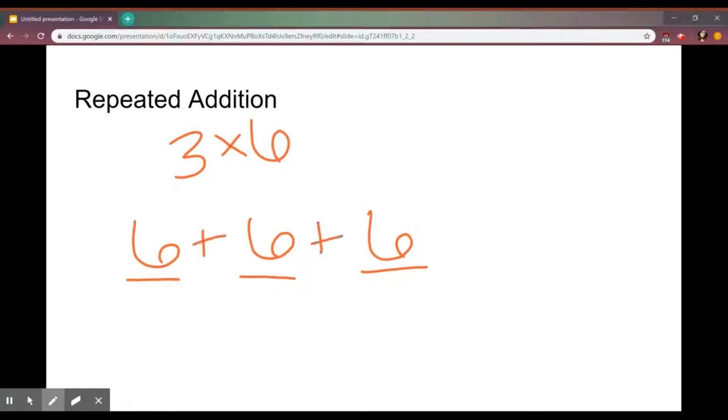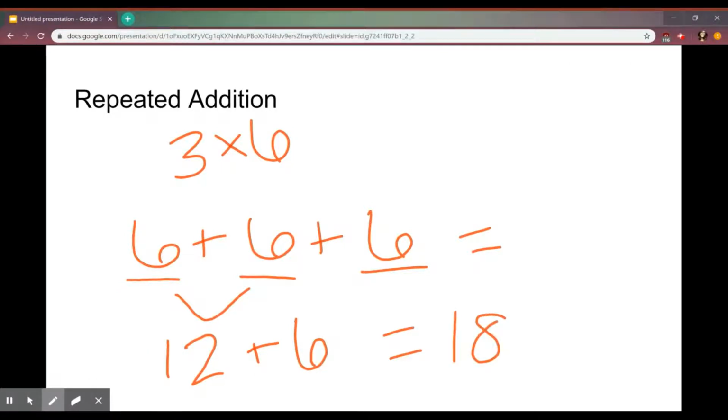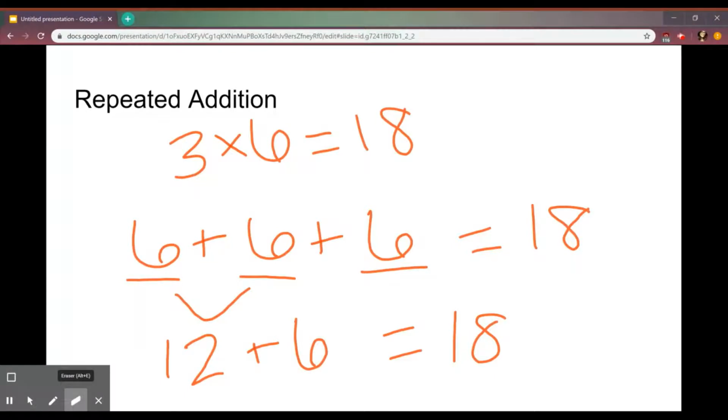So we can solve 3 times 6 by adding 6 plus 6 plus 6. If we do that, we can combine these two and get 6 plus 6 is 12, and then add on another 6. 12 plus 6 equals 18. So that's just one method that you can use to solve multiplication problems.